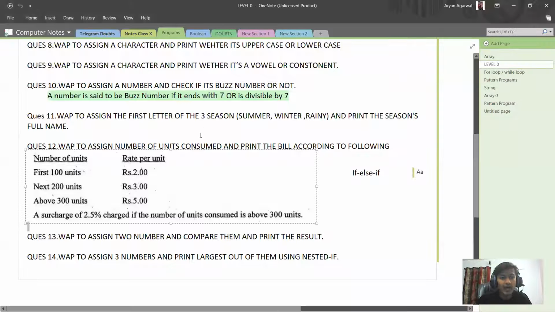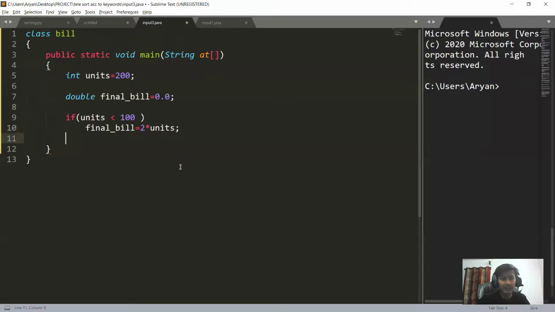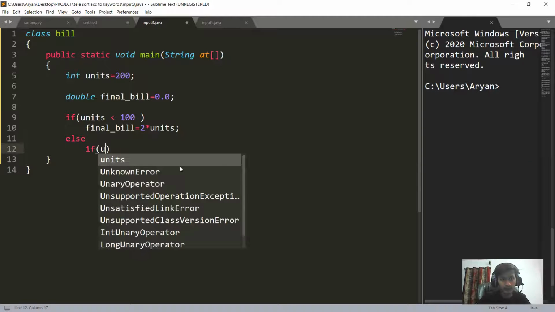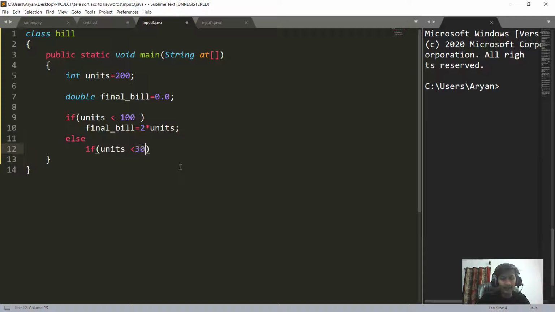The next condition we have is next 200 units. The next 200 units means if the first 100 units are consumed, then the rate for the next 200 units will be 3. So we'll have an else if condition: else if units are less than 300. Why did I put 300?